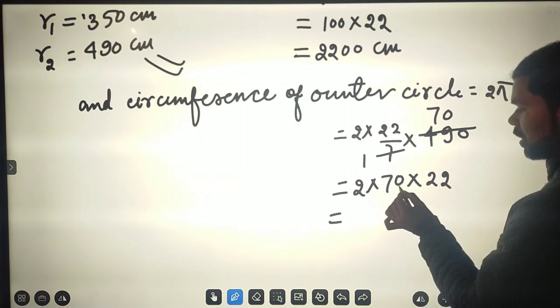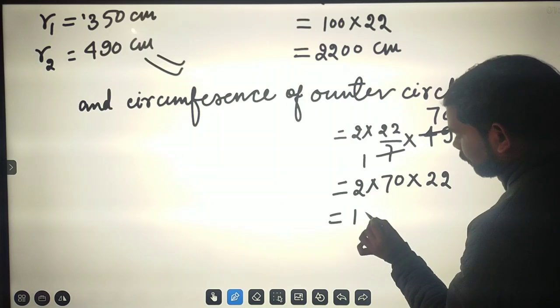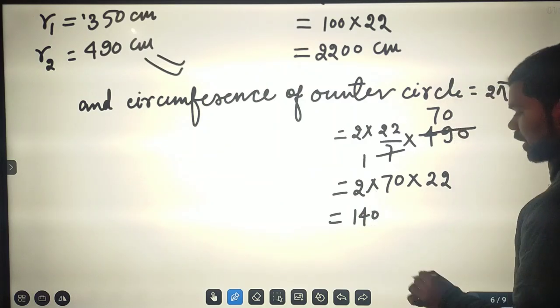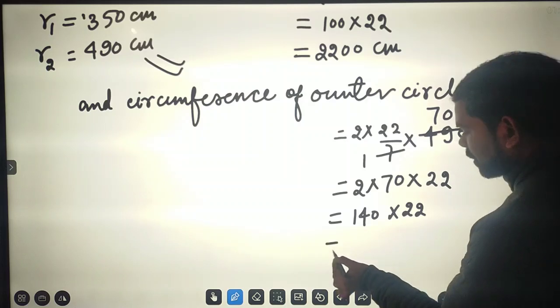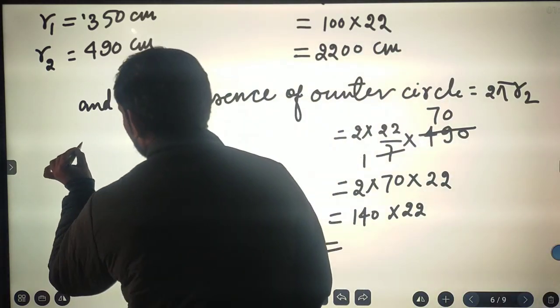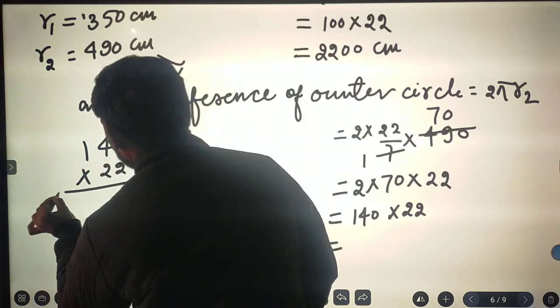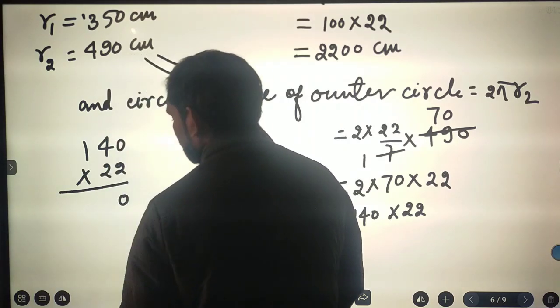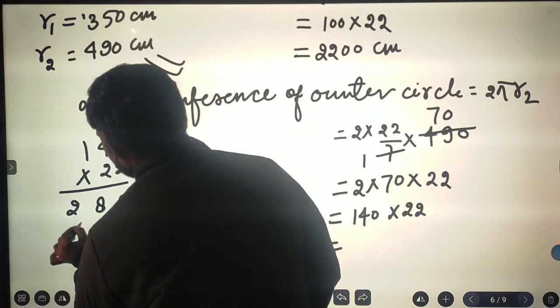Now find the product of 70 and 2. We get 140, and into 22. Now multiply 140 by 22. Here we find the product 140 into 22. 2 into 0 is 0, 2 fours are 8, and 2 ones are 2.